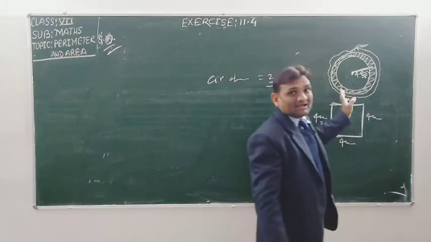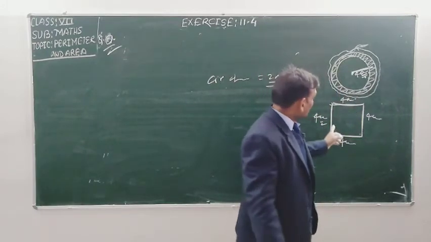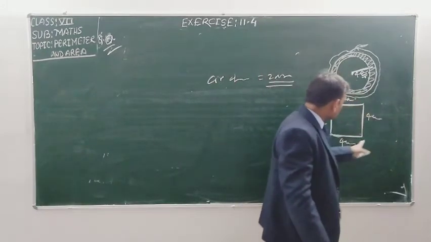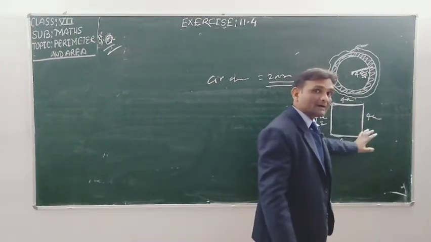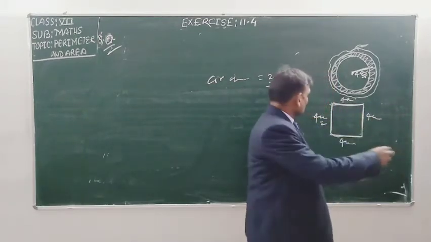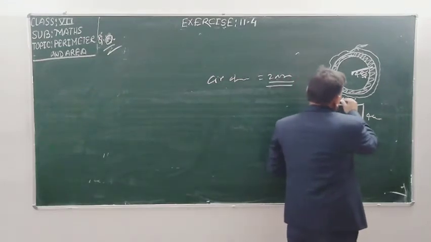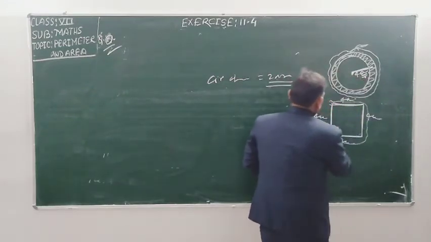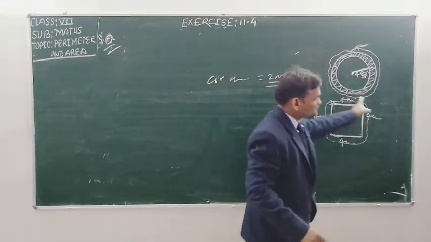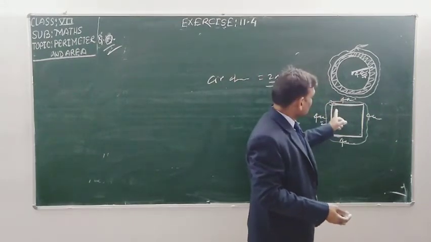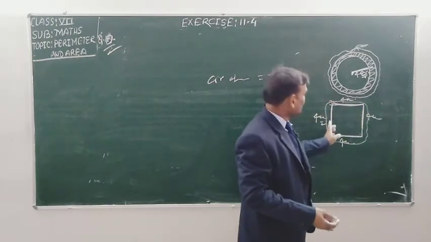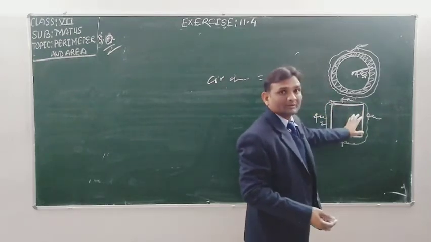And this card we wrapped around the square box. So the card which we wrapped around the square box, its length will be equal to the perimeter of the square.